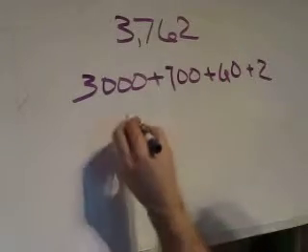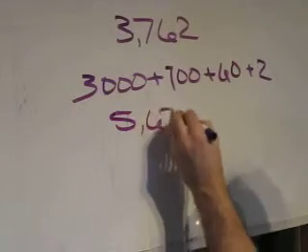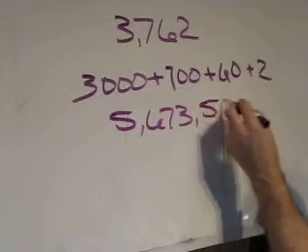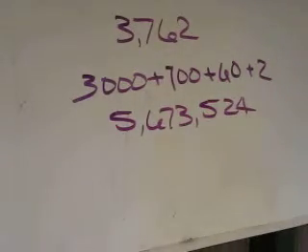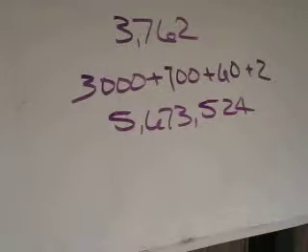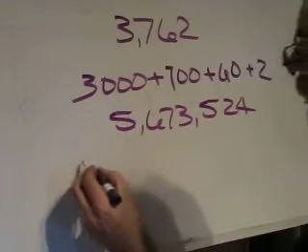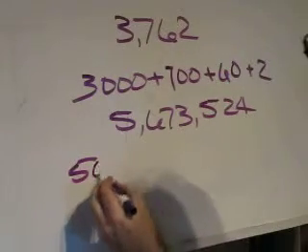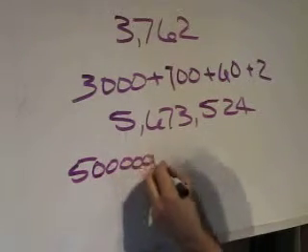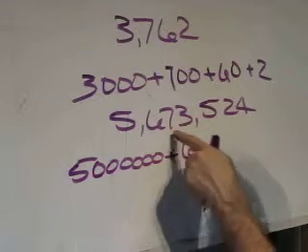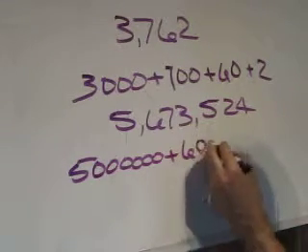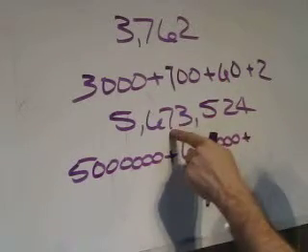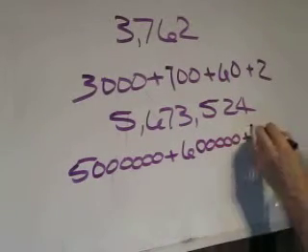If they give you something like 5,673,524, you do it the same way. 5 is going to be a little bit longer though. 1, 2, 3, 4, 5, 6 zeros. Plus 6, 1, 2, 3, 4, 5 zeros. 7, 1, 2, 3, 4.